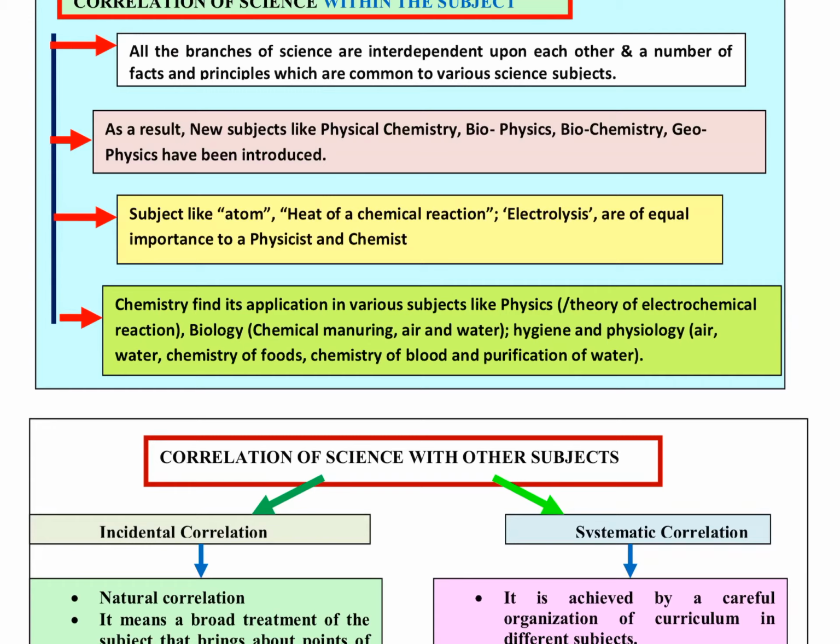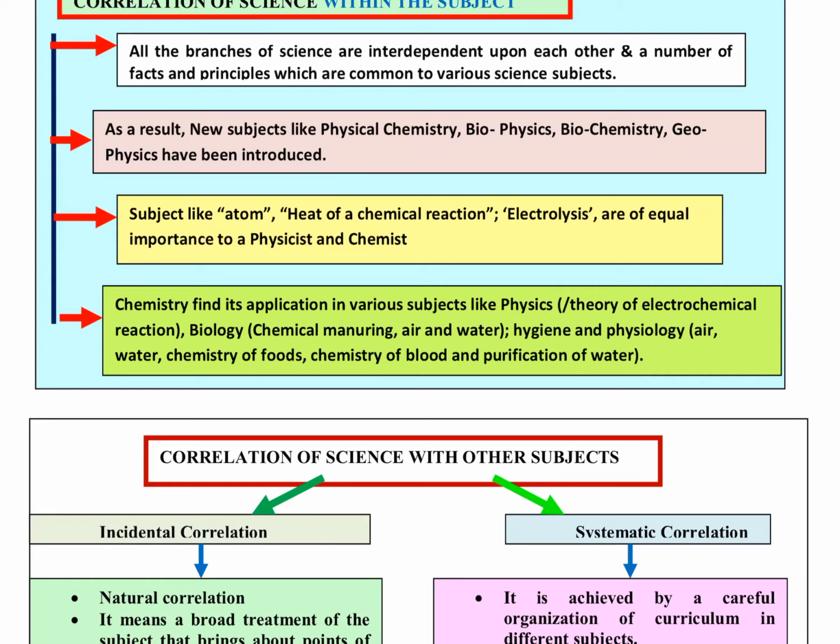In chemistry of food, we do qualitative analysis of fats, proteins, carbohydrates, reducing sugars, etc. So we identify these food materials scientifically by using the knowledge of chemistry.